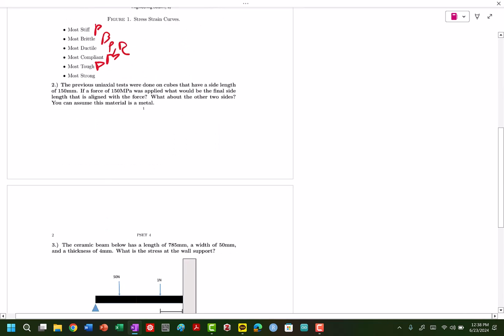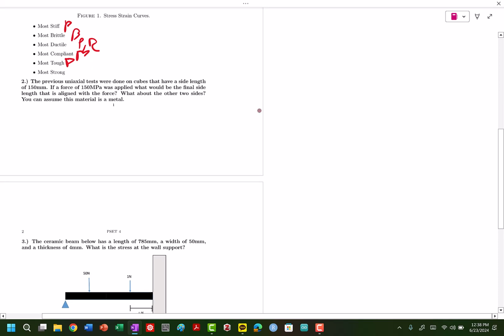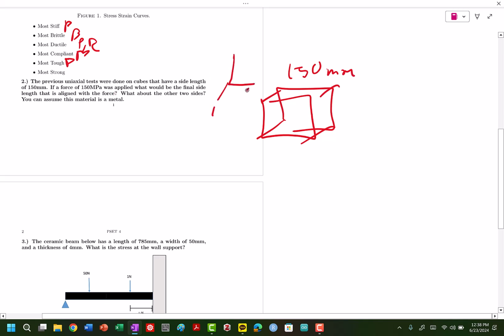If the previous uniaxial tests were done on cubes, we're looking at cubes with a side length of 150 millimeters, and we can draw our coordinate system here. If a force of 150 megapascals, actually it shouldn't be a force, this should be stress.